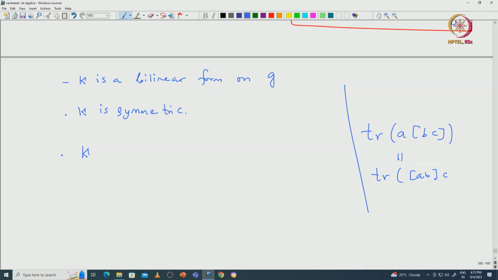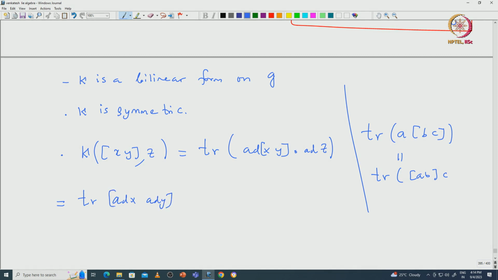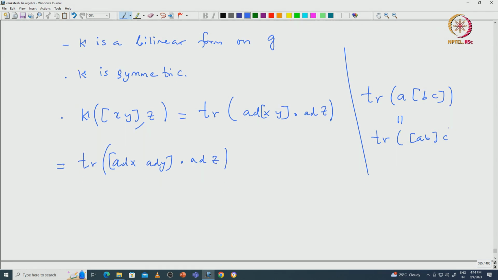Kappa of bracket xy comma z is equal to trace of bracket ad x, ad y composed with ad z, which is equal to trace of ad x composition ad y, ad z.